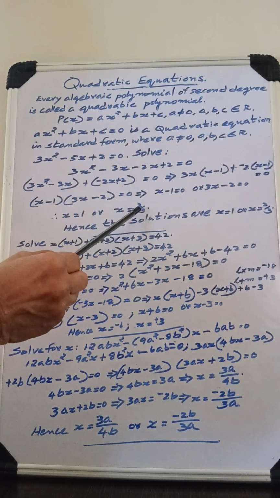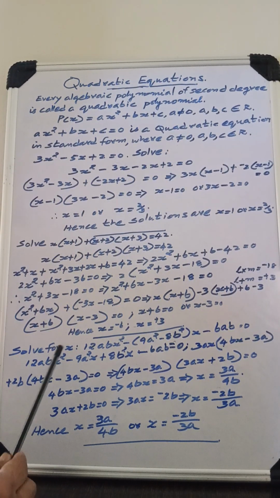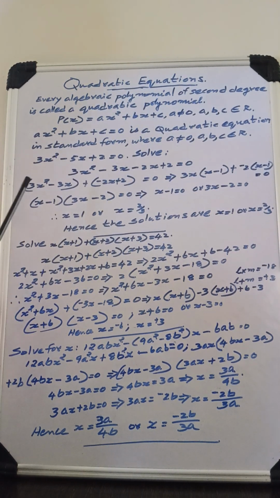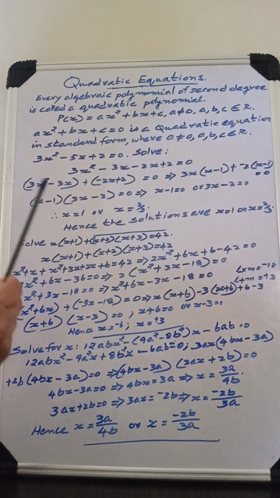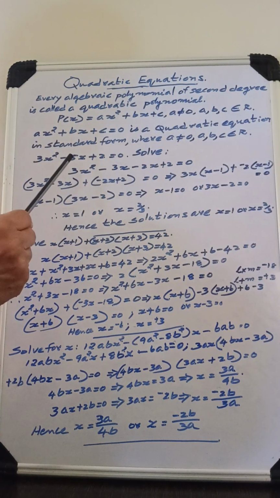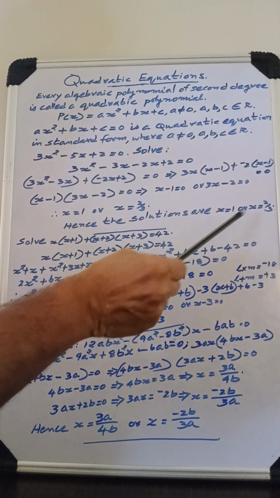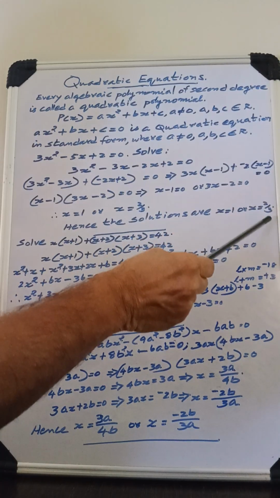Therefore, x equals 2 by 3. Hence we get the possible values of x in this quadratic equation as x equals 1 or x equals 2 by 3.